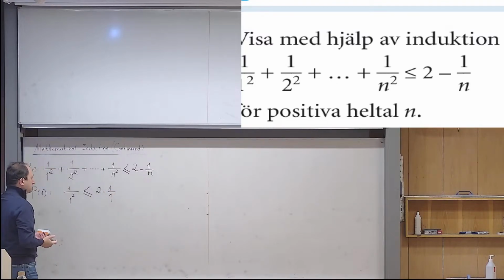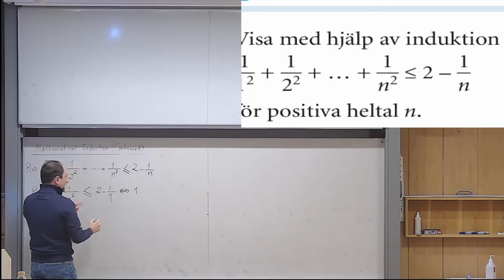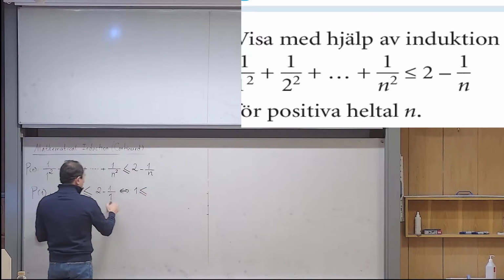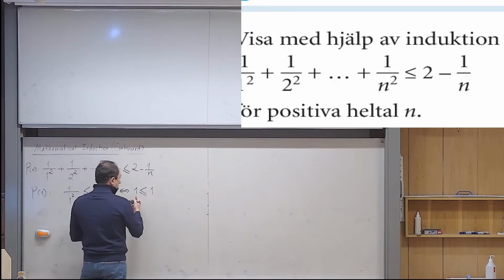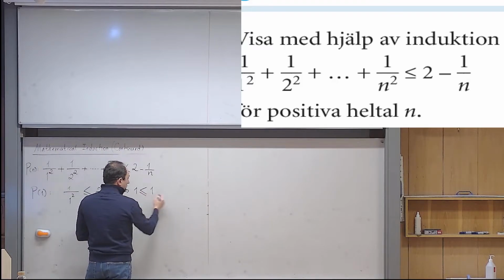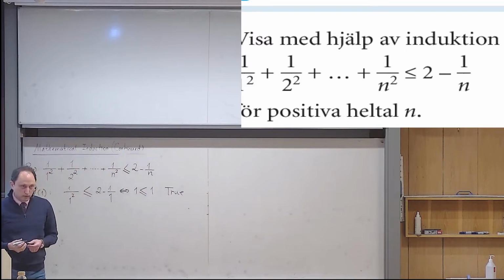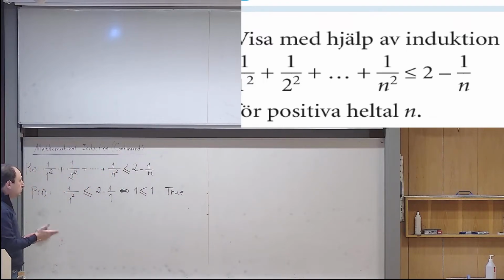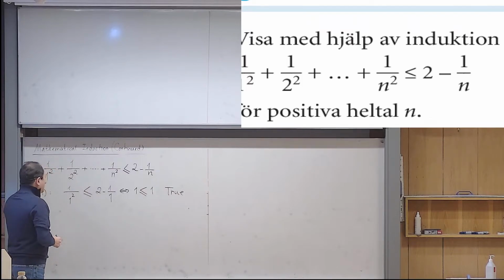But this is easy to check if this is true or false, because this number is nothing except 1, less than or equal to, and if you calculate, this number is also 1. Is it true or false? 1 is less than or equal to 1, of course, is true. Yes, it is not less than, but it is equal to. When you say or, either this one or that one or both. Okay, so that is true.